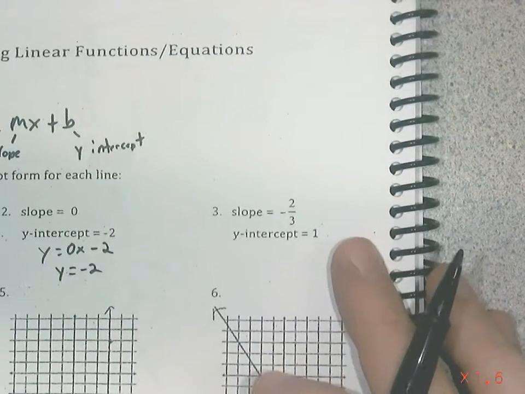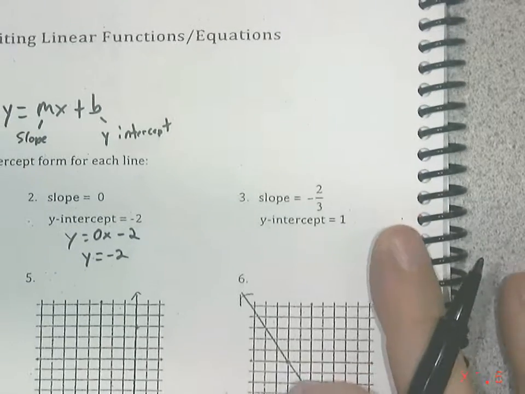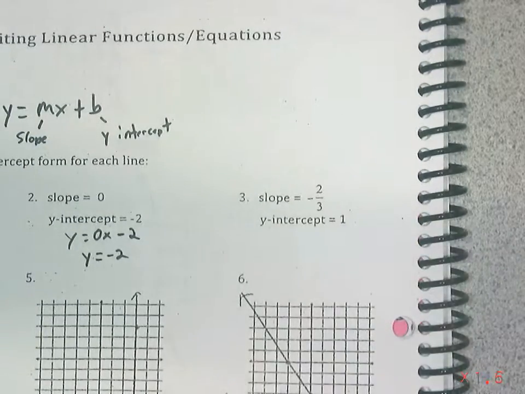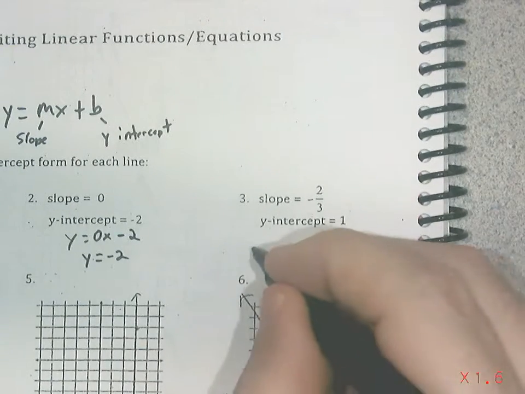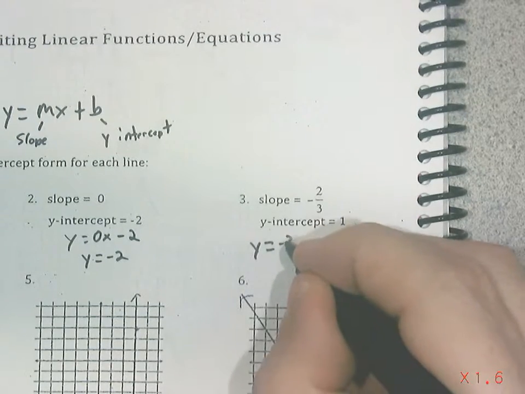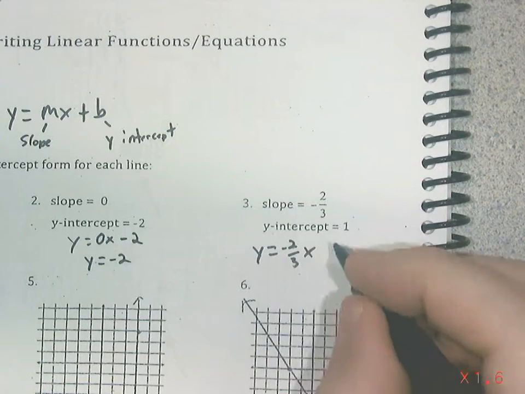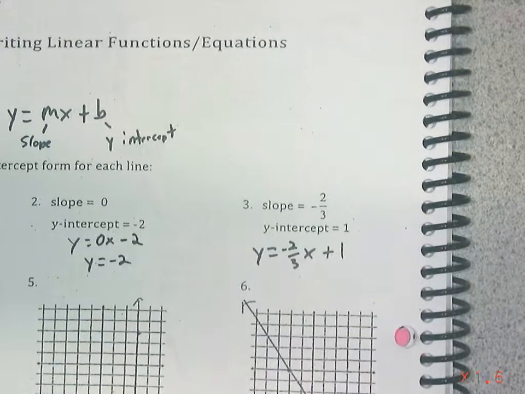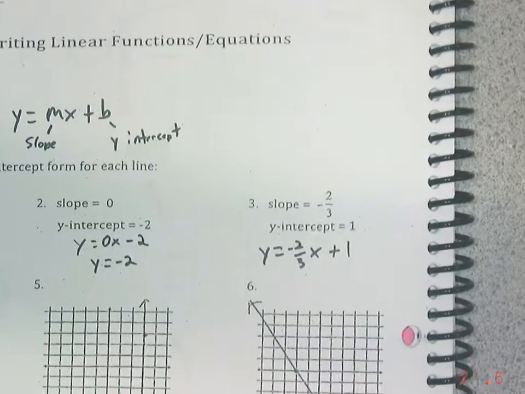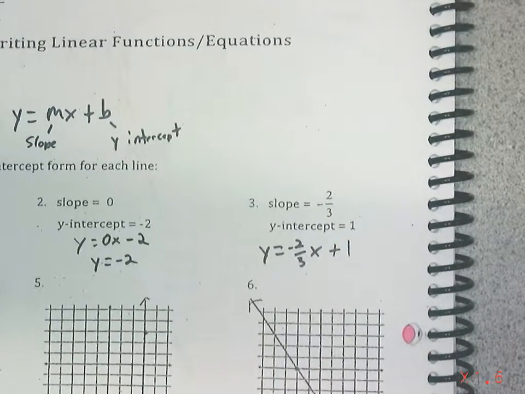And let's look at one more example here, given the two values given to me. So the slope is -2/3, so y equals -2/3x. And then it's a +1 y-intercept, so +1. That's your equation. Not too tough, right? Well, let's look at some examples of finding it from a graph.